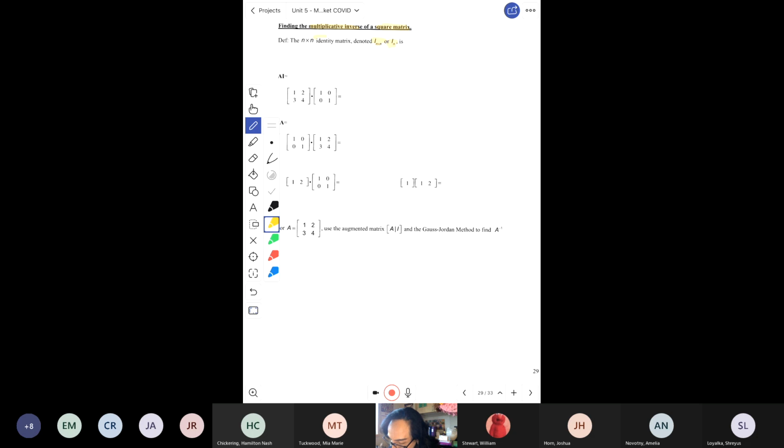So knowing what I know about that, if I were to multiply A times I, what will I get back? What is the matrix I will get? 1, 2, 3, 4. Exactly, which is just back A. Verify that on your own.